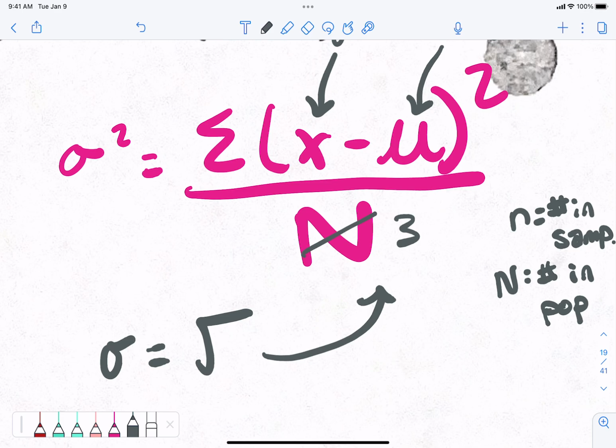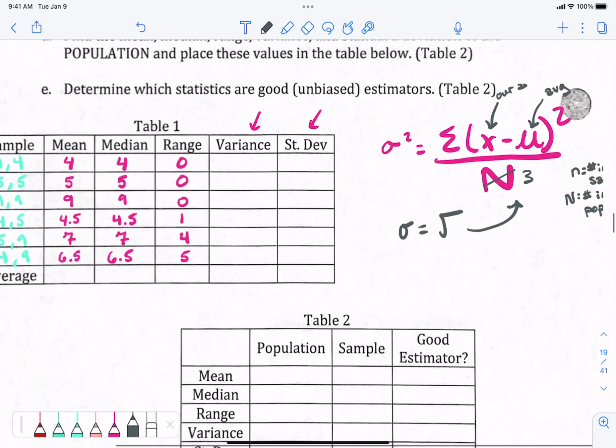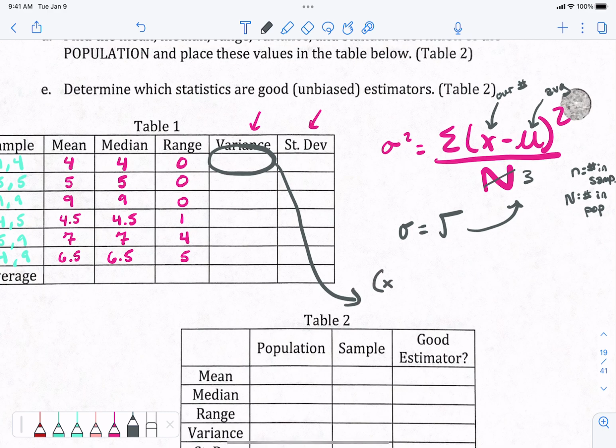Okay, so here's how this works. We're going to do the variance of the first one. Here we do the sum of x minus mu squared plus x minus mu squared.